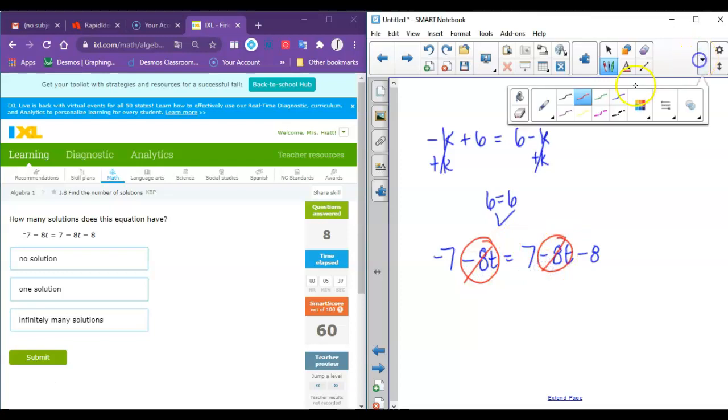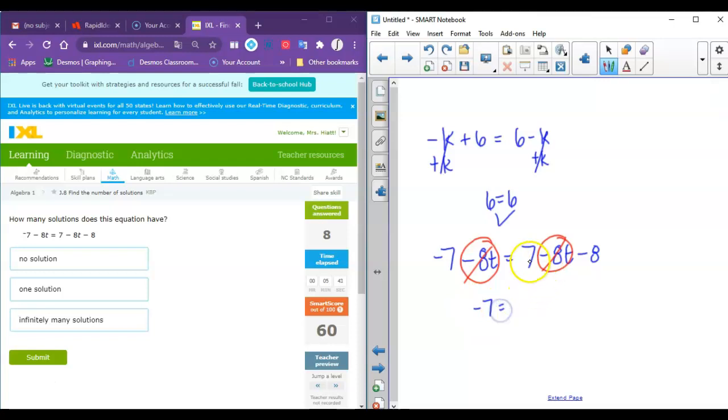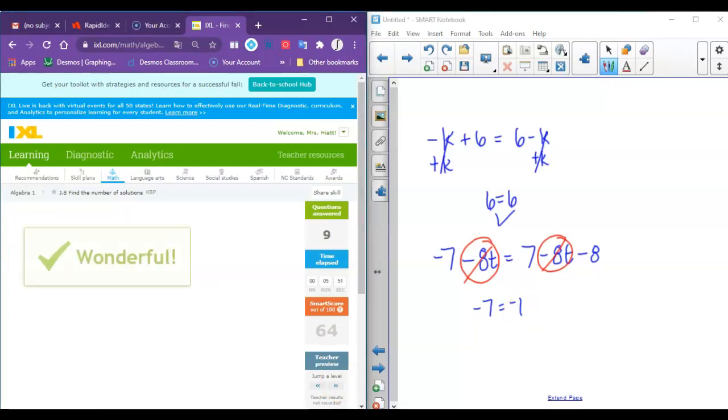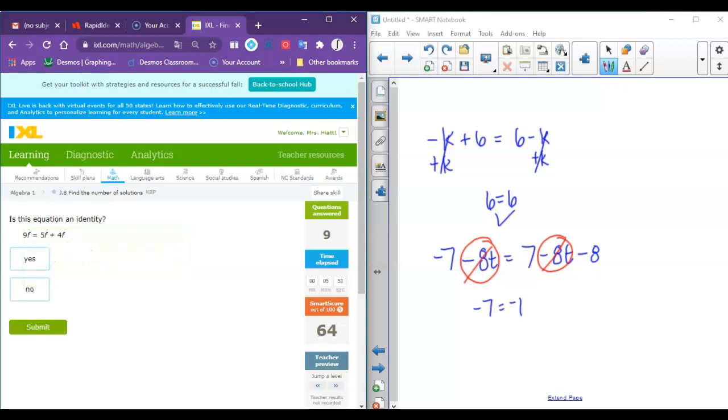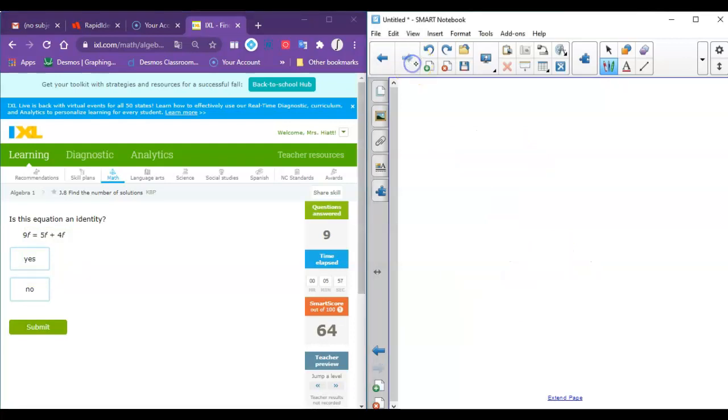And so that is going to leave you with the negative 7 over here, and then 7 minus 8 is negative 1. Those two are not equal to each other, so that would be a no solution for that. So you're going to work through these problems for me. Actually, let's do this next one because it's a little bit different.